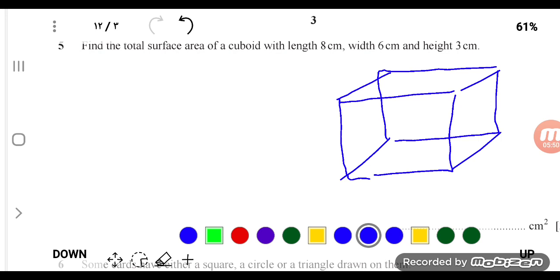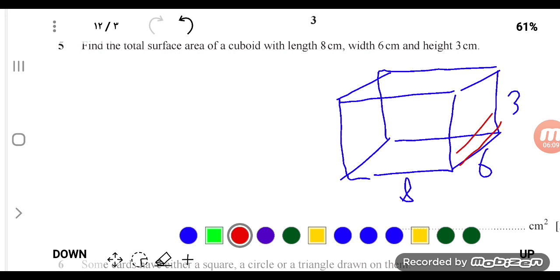Dimensions are given to you, which is 8 here, 6, and 3. Now to find the total surface area, it's the sum of all faces. So let's see how many faces we have. We have 6 faces in the cuboid.